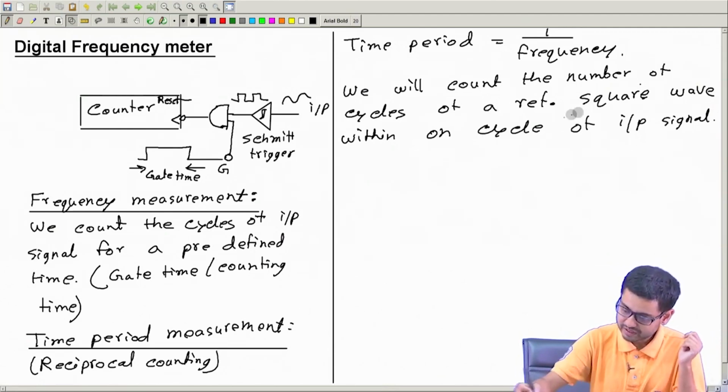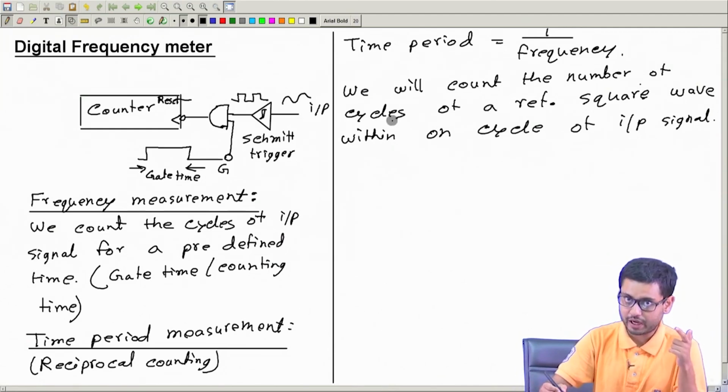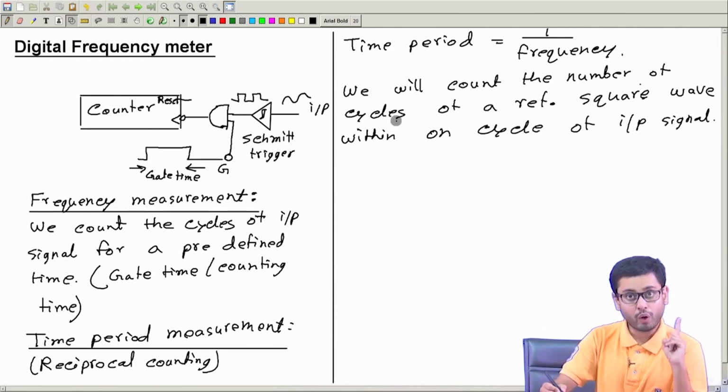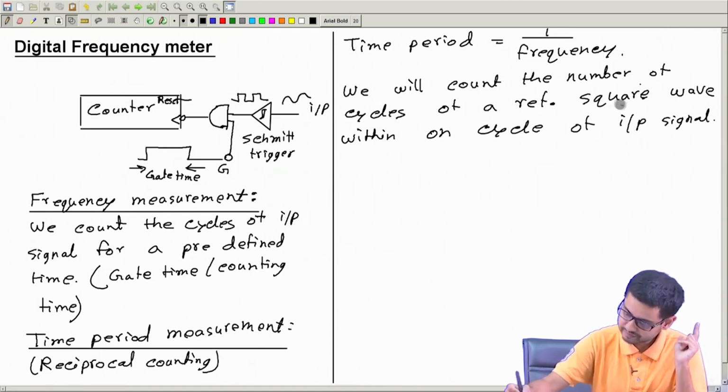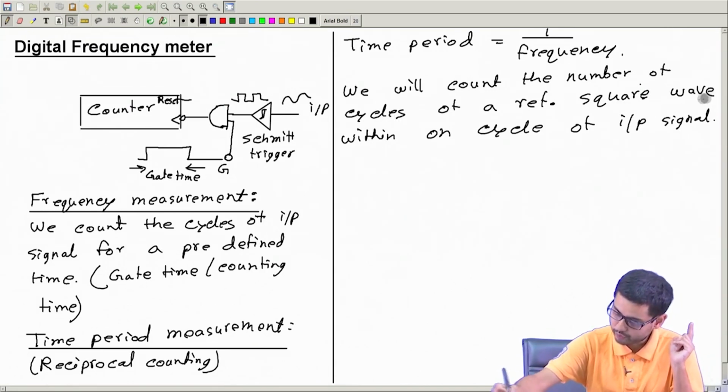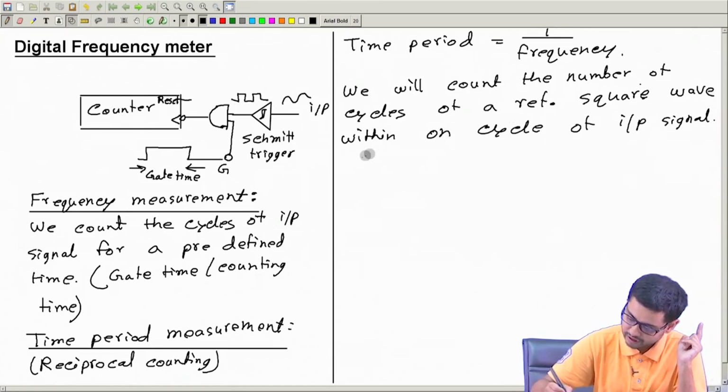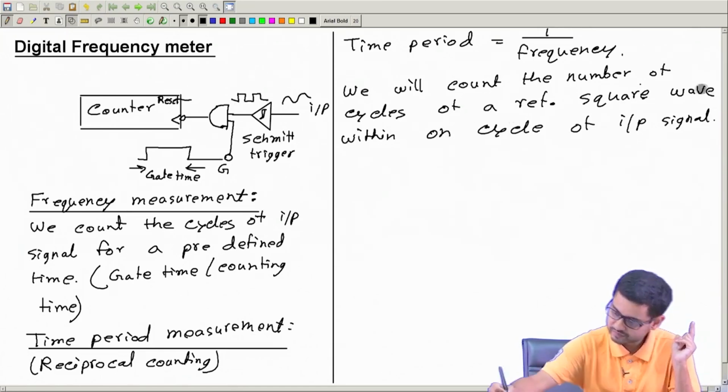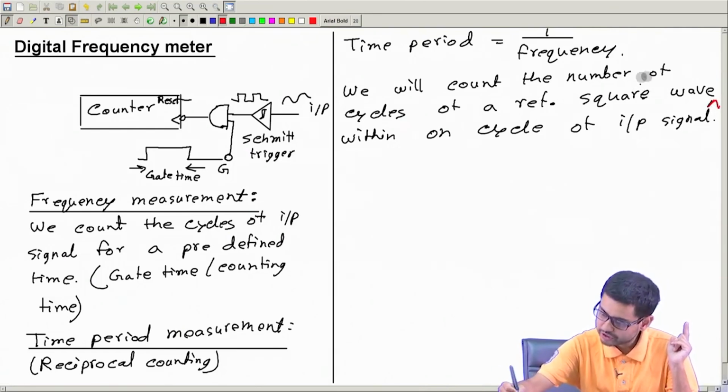Okay. So, we count another different reference signal within one time period of the input signal.